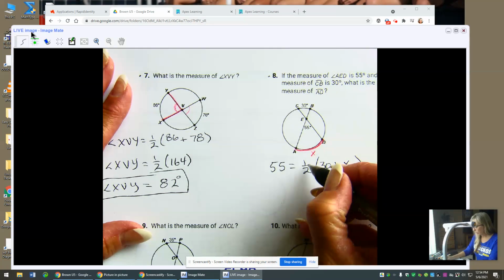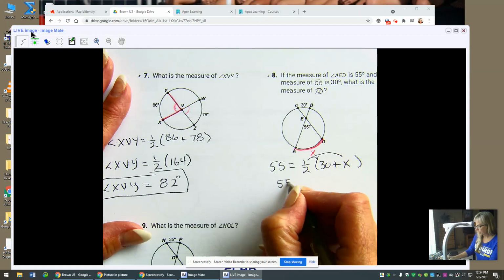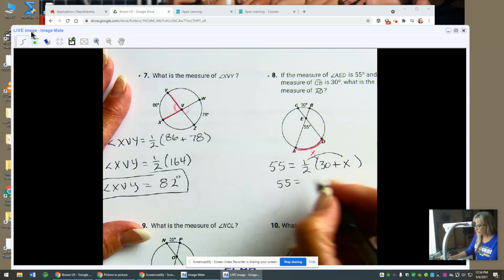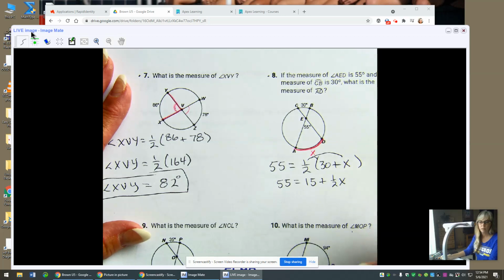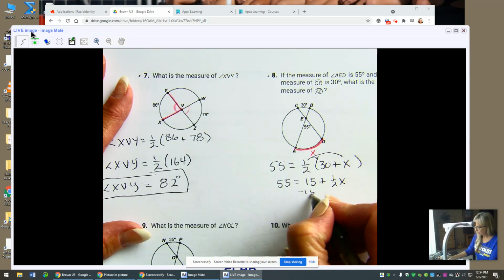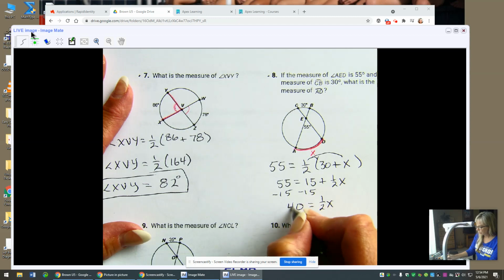So we're going to distribute this half. We have 55, not doing anything to that yet. Half of 30 is 15. Half of x is half x. Of means multiplying. Now we're going to subtract, and we get 1/2 x equals 40.